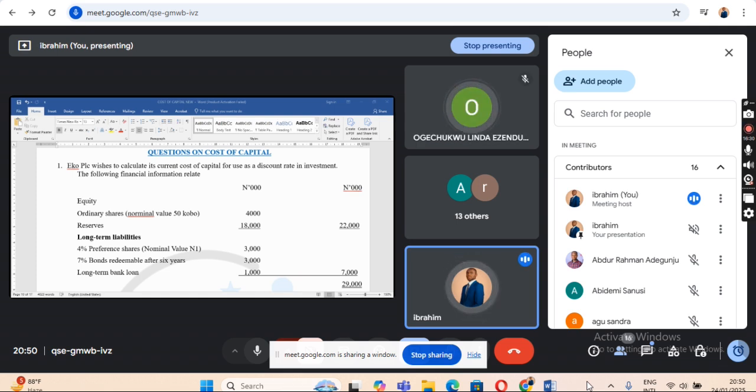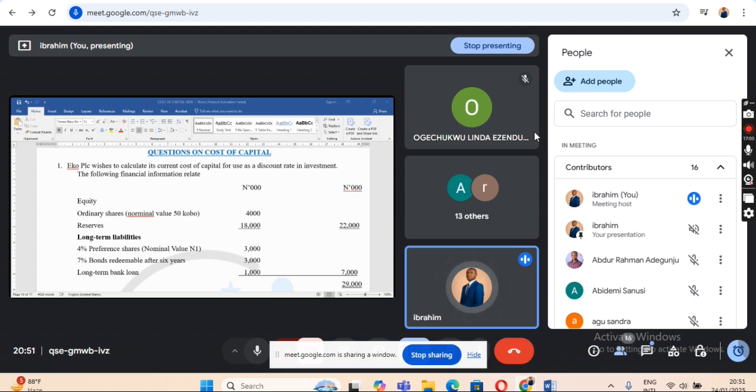Now, what are the sources of finance here? Your ordinary shares is a source of finance, which is equity. Your preference shares are debt, the source of finance. Your bond redeemable after 6 years are debt instruments, which is debt.